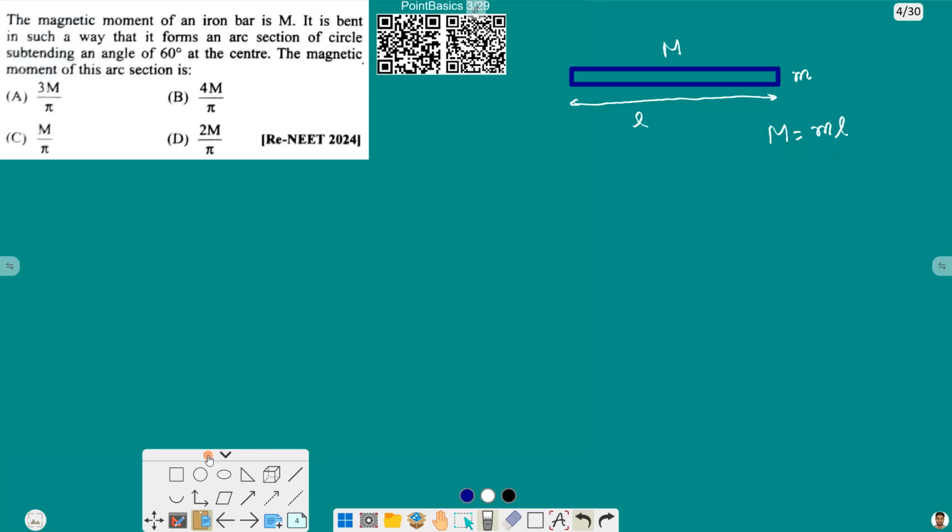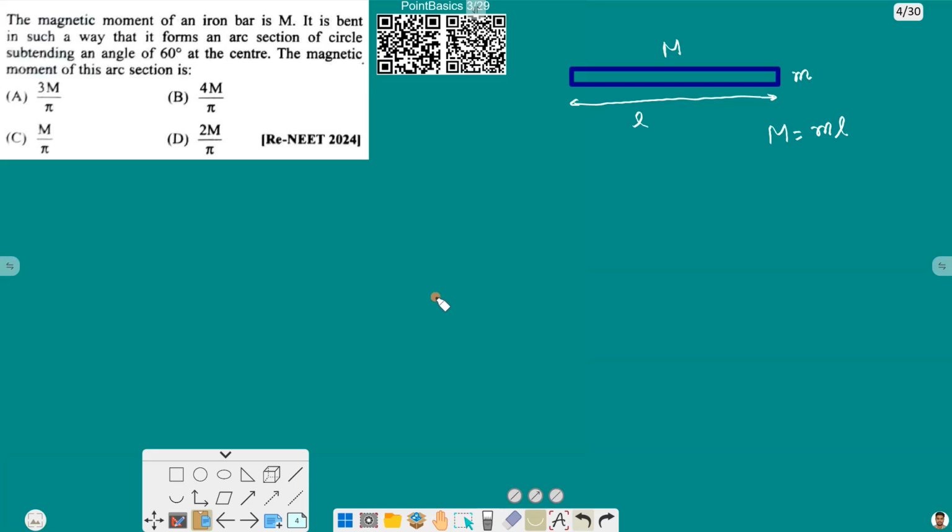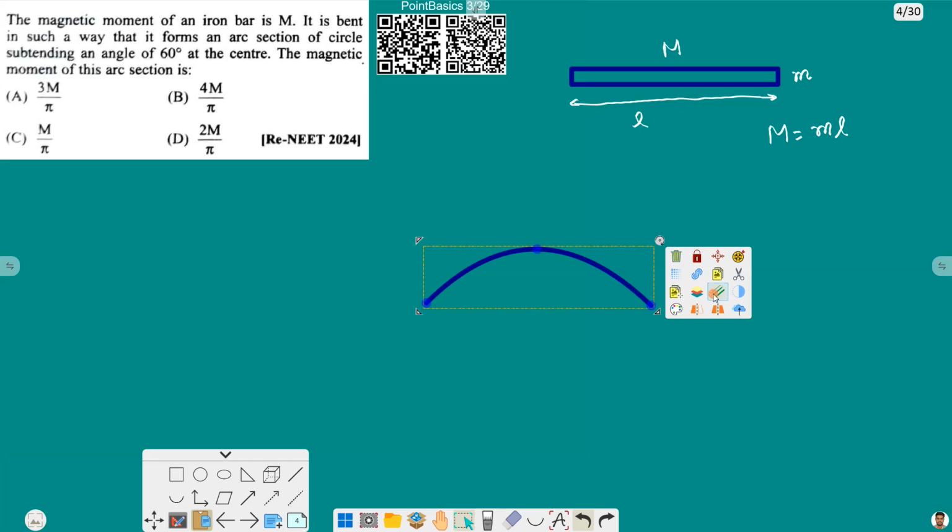So after bending, it will look something like this. Suppose we bend it, and let me make it slightly thicker. Okay, good.